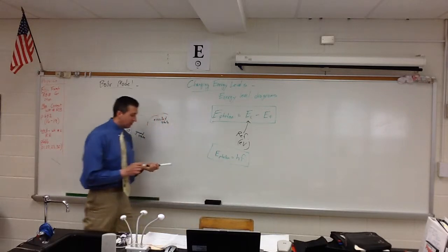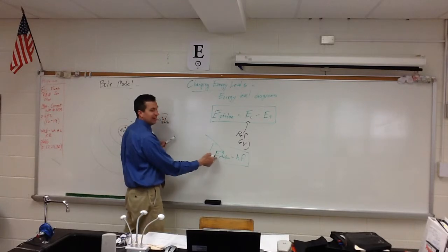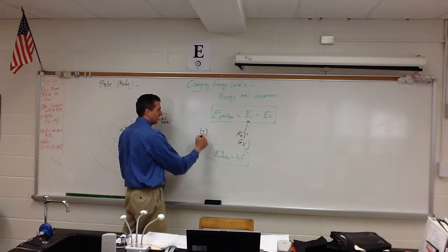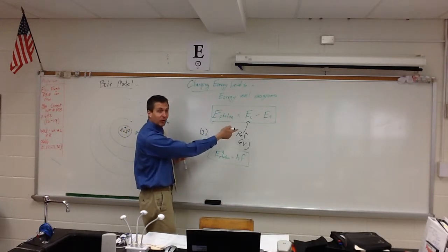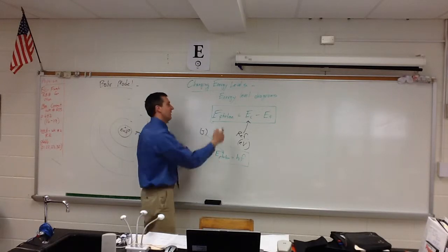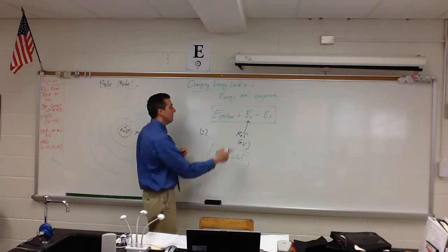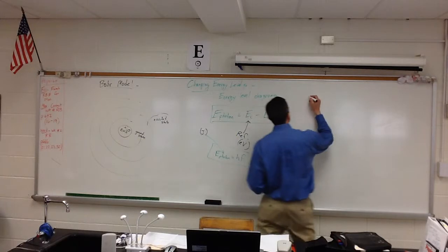When you put it into this equation, it needs to be in units of joules. This needs to be in joules. This one can be in joules, or it can be in electron volts. So what I'm implying is, if you do electron volts that you get from your reference table, you're going to have to convert it to joules. So let's look at the conversion.